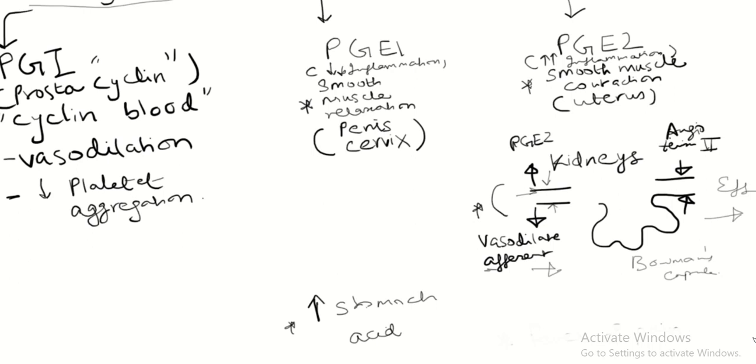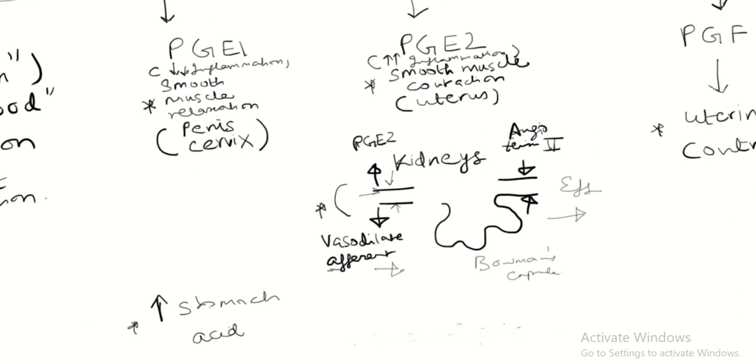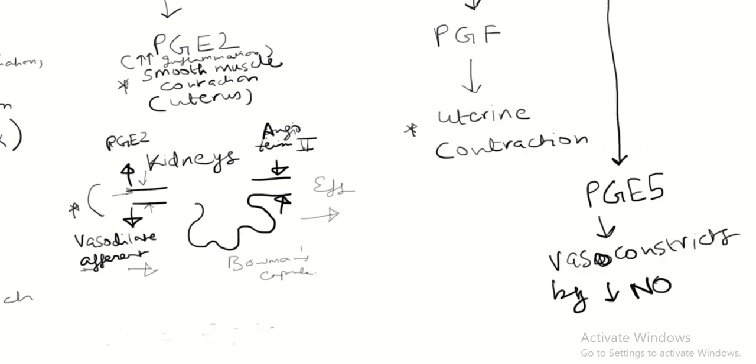Okay, so we covered the three prostaglandins. Now there's a couple more. There's PGF, and the big role of PGF is uterine contraction.